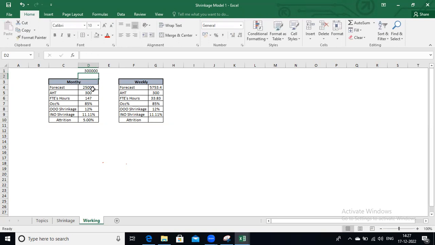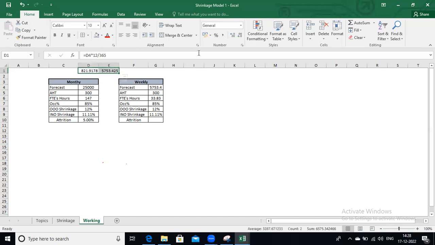By multiplying by 12, I will get the number for 1 year. Again I will divide it by 365. The number that I can see, that is for 1 day. But now I know that we have 7 days in a week. So the volume, now I can see, that is for a week. Right, thank you. Hope it is clear now.